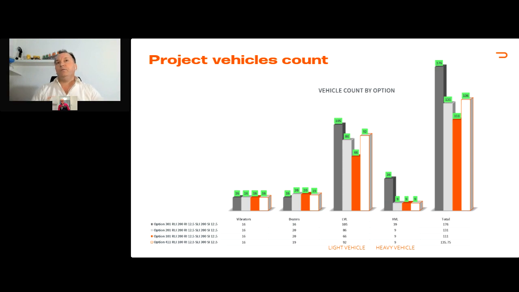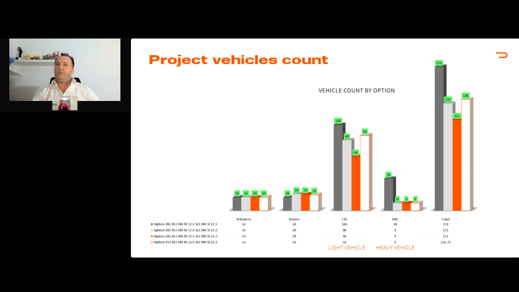Light vehicle goes down very significantly from 105 for a cable crew to 66 for stride node, same density. Heavy vehicle, as we said, no more heavy vehicle for stride node or generic node.